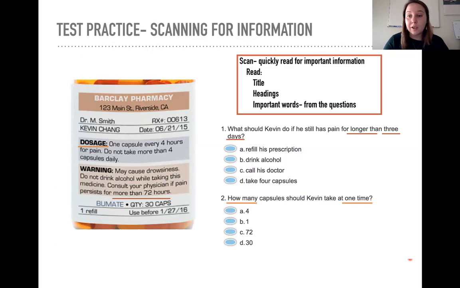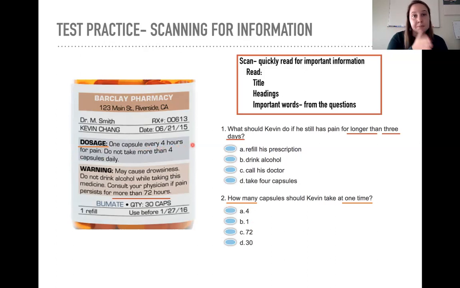So we know we're looking at how much he takes at one time. So based on this dosage, when it is time for Kevin to take his medicine, how much does he take? How many capsules does he take? Good. The answer is B. He takes 1 capsule. It says 1 capsule every 4 hours.